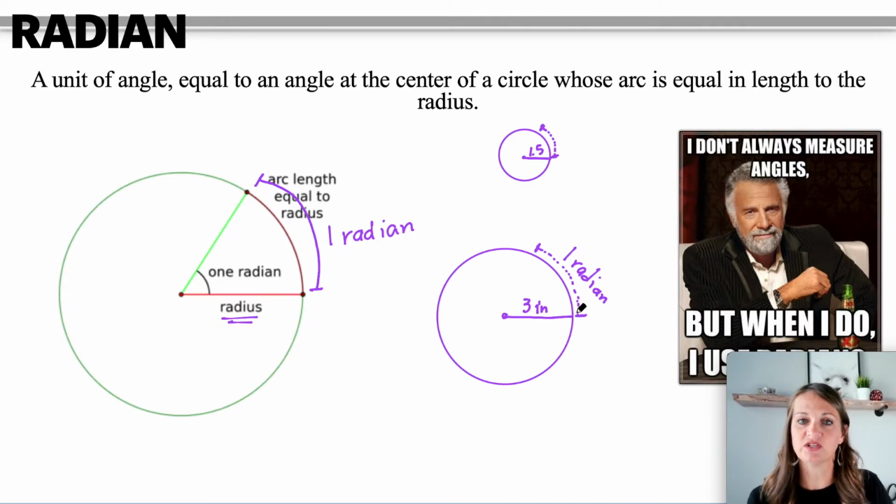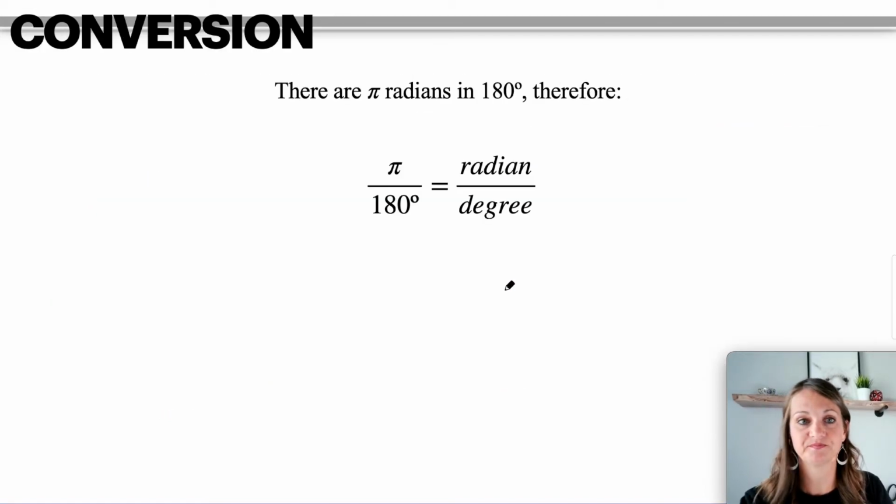If you had 3 inches, it's going further, but because the circle is bigger, the distance around is going to create the exact same place of that angle. So the angle itself is going to be the same. It is going to be 1 radian. If the circle is bigger, the radius is bigger, which means it has to go around a bigger circumference, but it's still going to give you the same measure of the angle from the center.